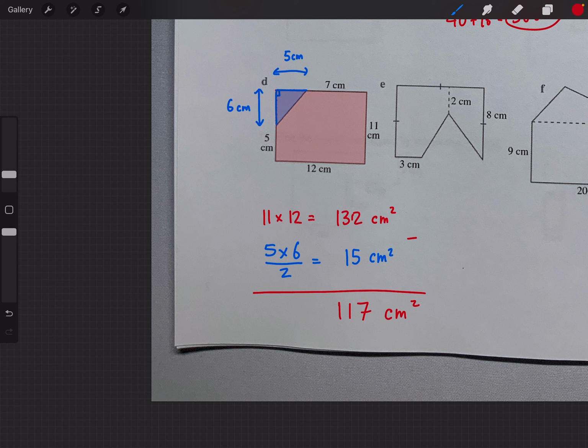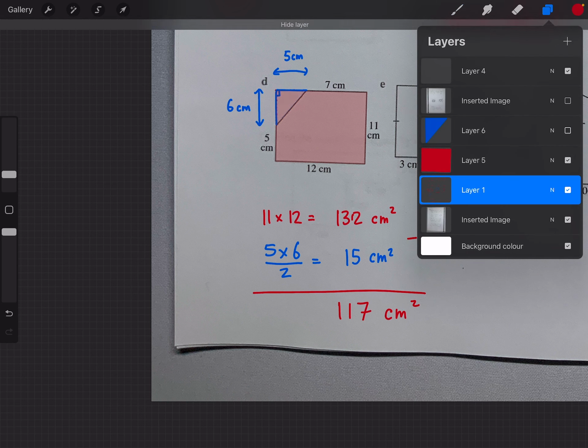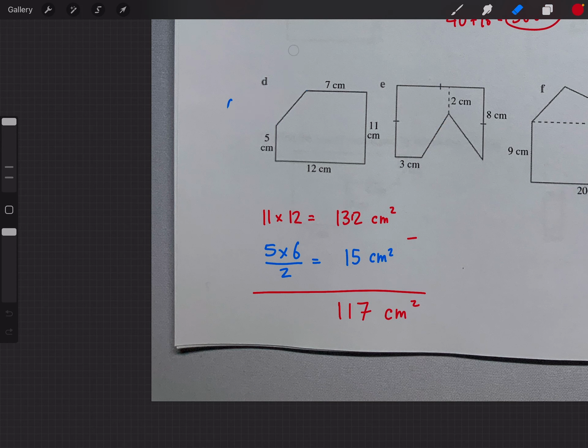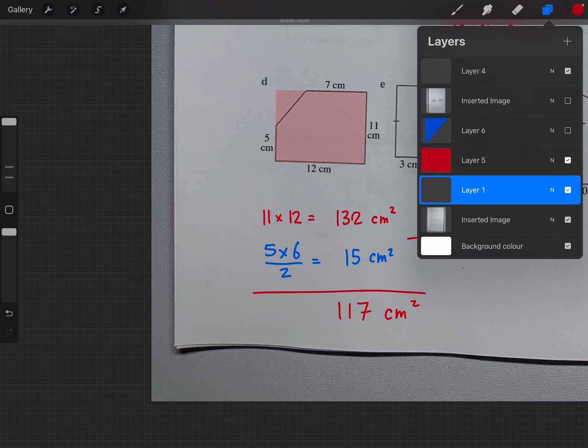Okay, so you get the red area minus the blue area, and that gives you the area we're trying to get. So if you just get rid of these, you'll see that's the area we want. Okay, so here's the whole thing. If you take away that, you will get that.